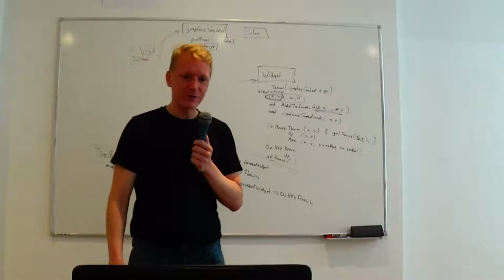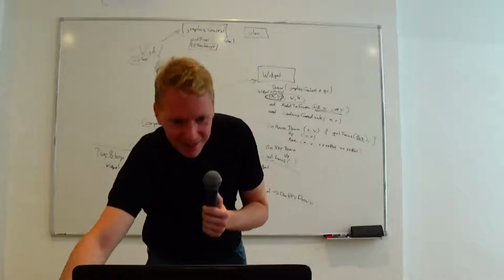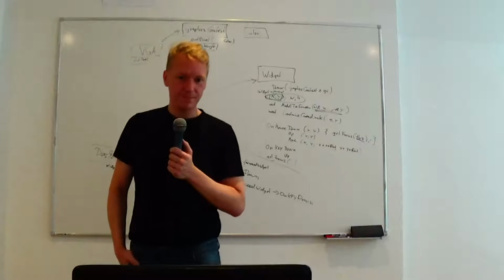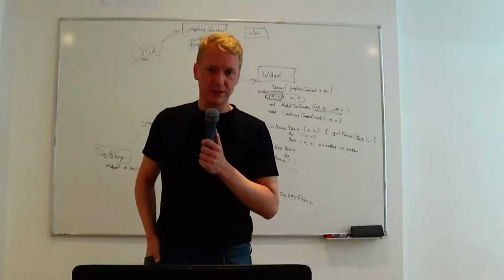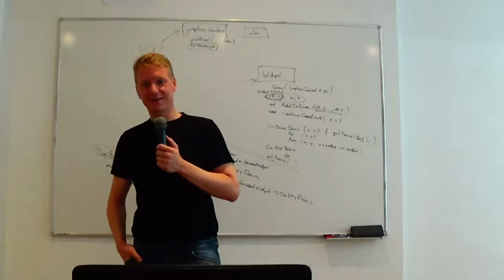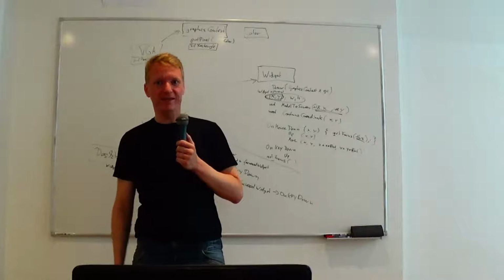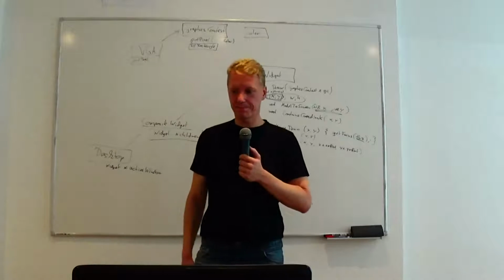And then I realized, okay, here in the make file, I didn't put the objects for the desktop widget and window class there. So that's the reason why these codes weren't even compiled into the binary.